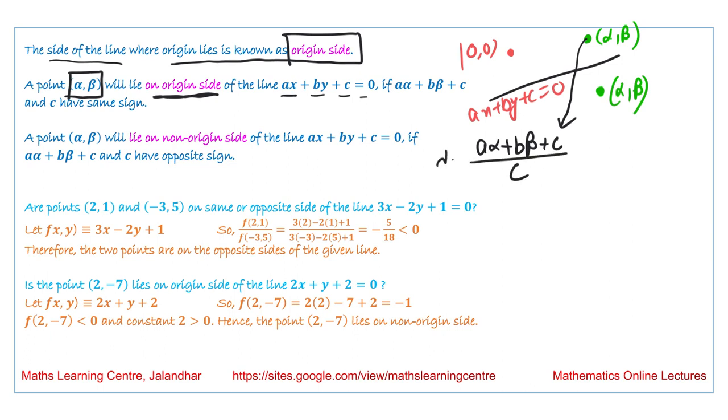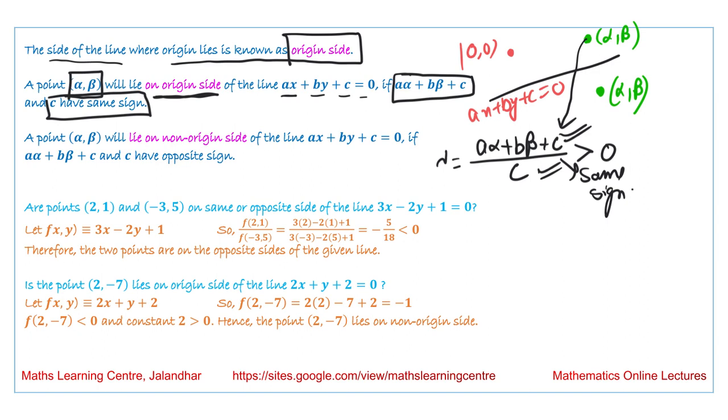This will give us the value of lambda, and if they are on the same side, then this value should be greater than 0. It means both these values should have the same sign. So a alpha plus b beta plus c and c have the same sign. In the second case, they lie on the opposite sides. The origin is here and this point lies over here.